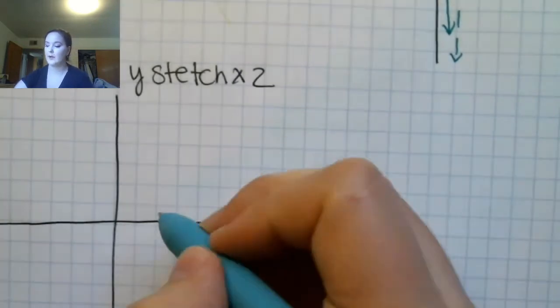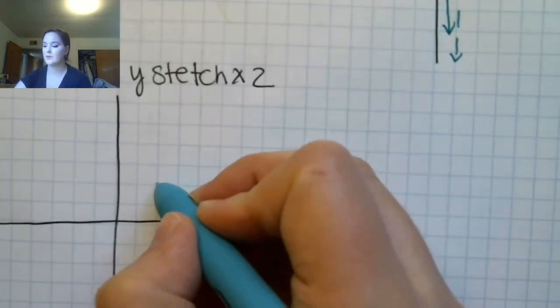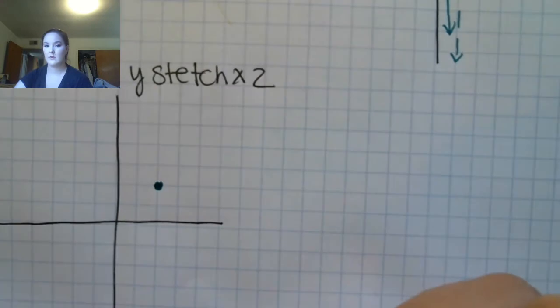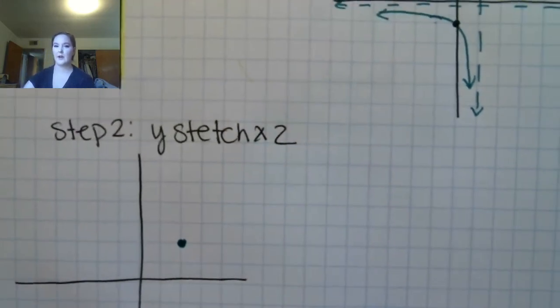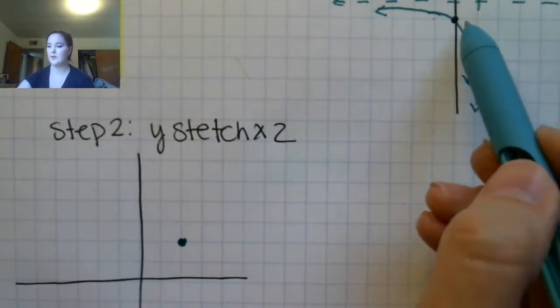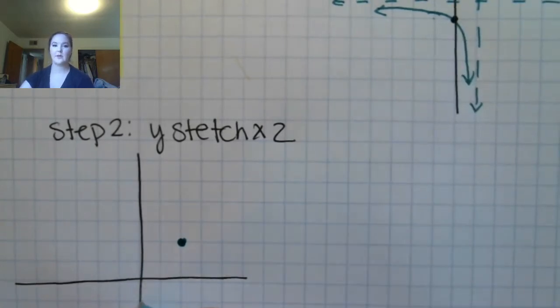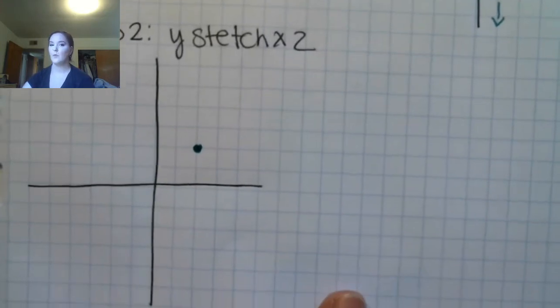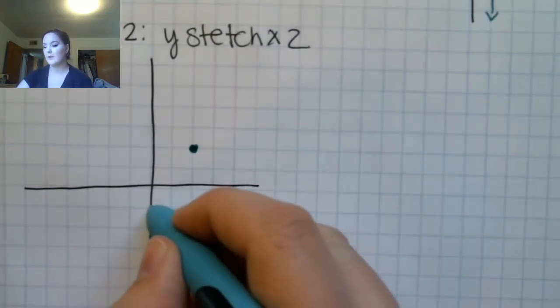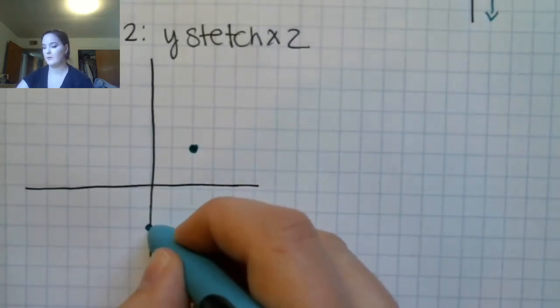My old y coordinate was 1, and 1 times 2 is 2. I'm going to do the same thing with my other key point, which was here at 0, -1. The x coordinate is still 0, and the y coordinate gets multiplied by 2, so -1 times 2 is -2.